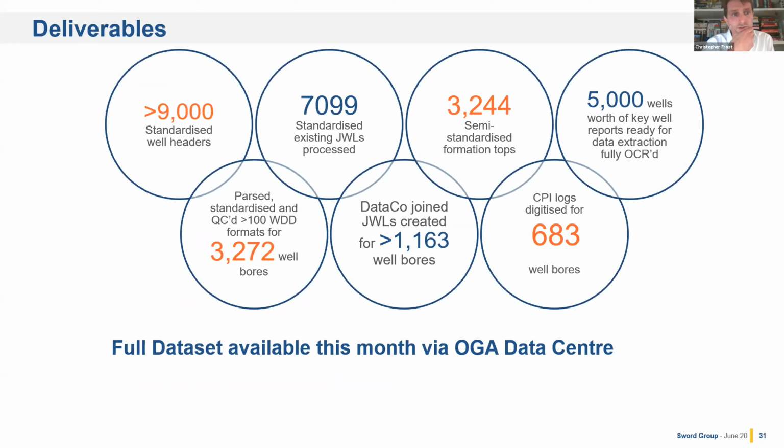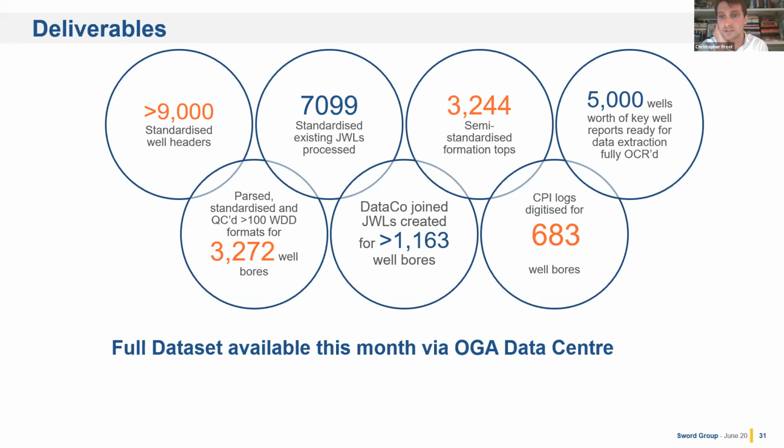So what were the project outcomes? We delivered over 9,000 standardized well headers. We processed over 7,000 JWLs in total, making those standardized. So JWLs already existed. We made sure that the mnemonics, depths, and formats were standardized. We semi-standardized over 3,000 formation tops. We're working through 5,000 wells worth of key well reports with the data extraction and OCR.